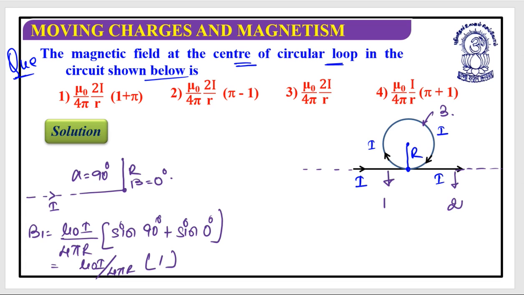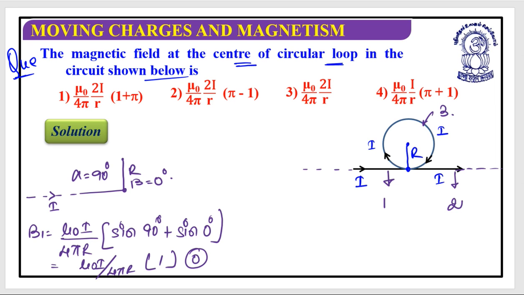Sine 0 would be 0, so this is mu naught I by 4 pi R. What would be the direction? Using the right hand palm rule you can find it out, or you can make an imaginary circular loop. Whatever you do, it would be outside the plane of the paper.